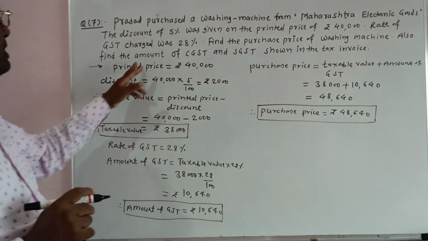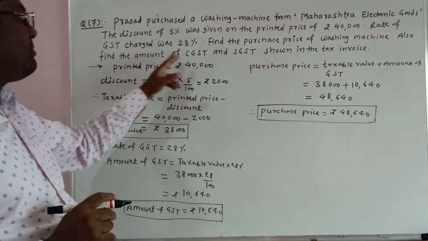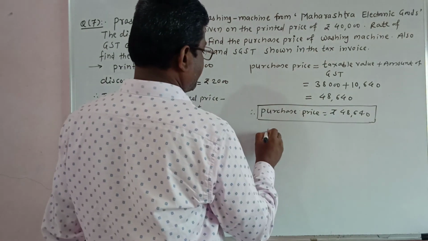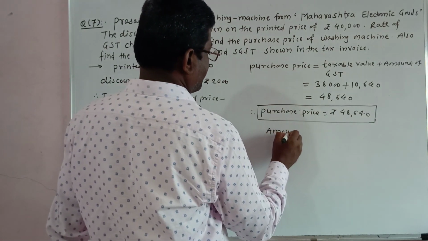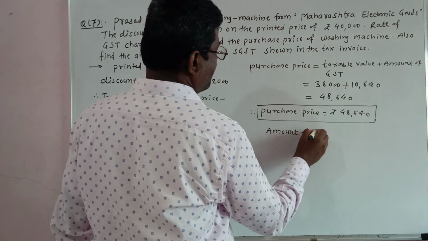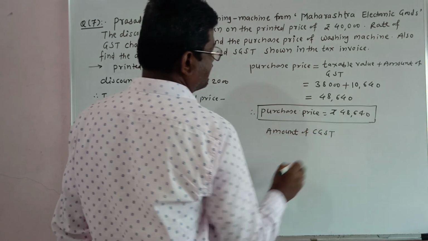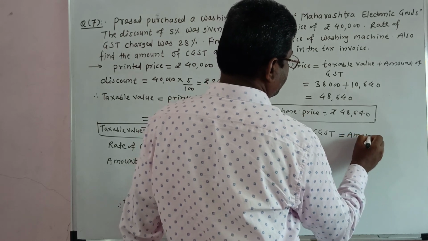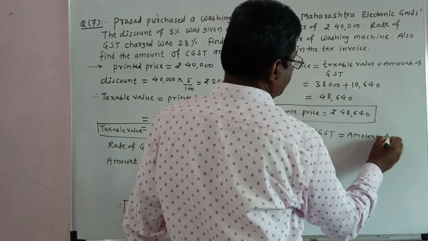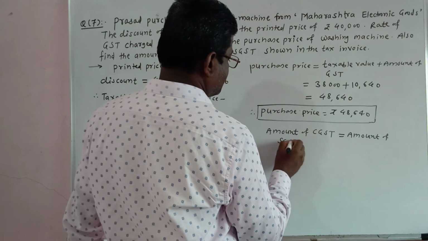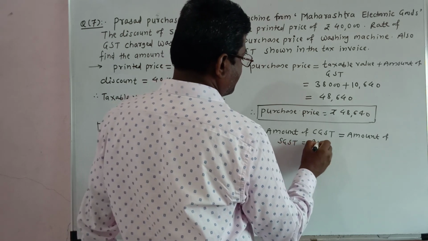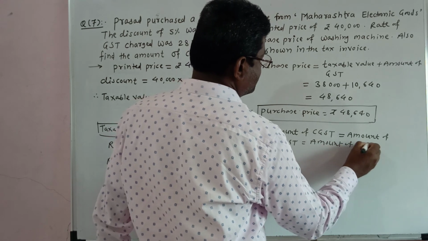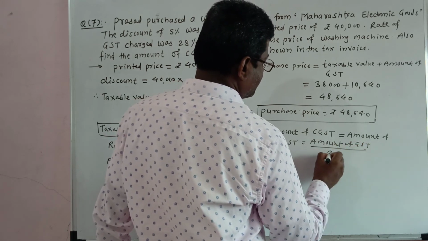Now we have to find the amount of CGST and SGST. Amount of CGST is equal to amount of SGST, which is equal to amount of GST upon 2.